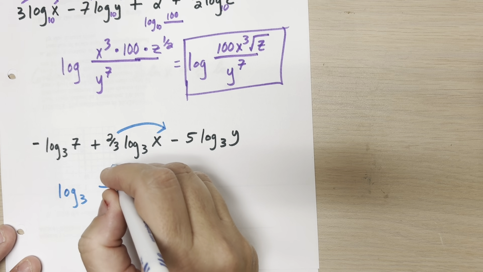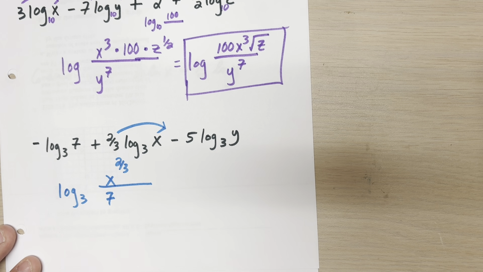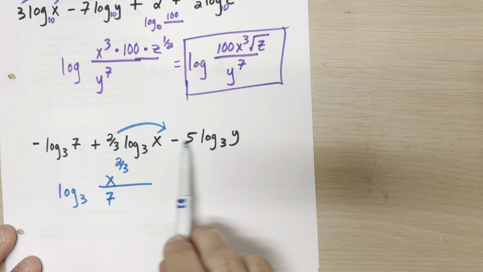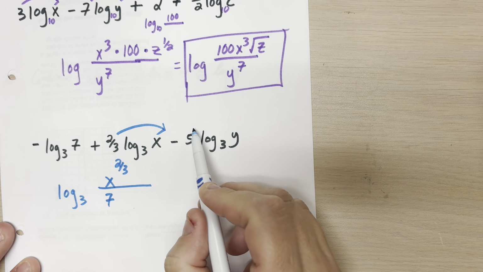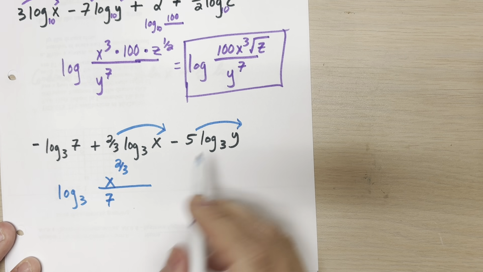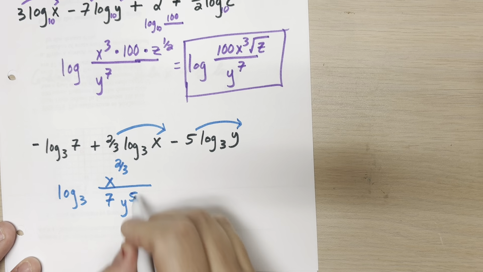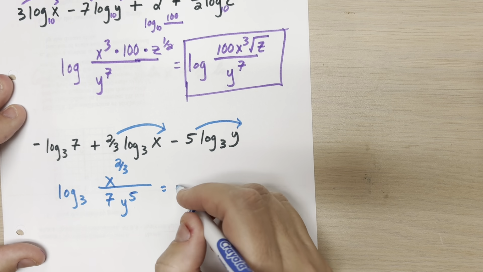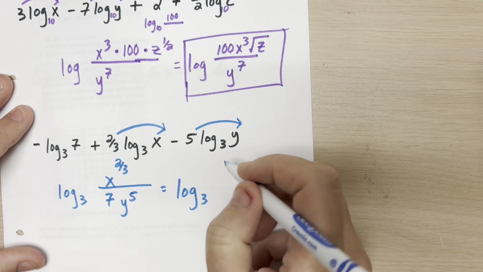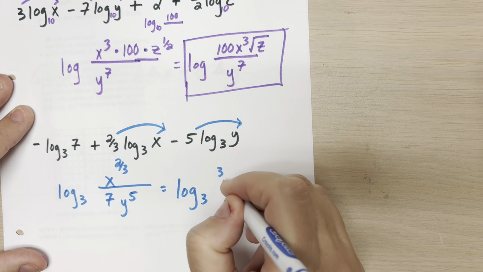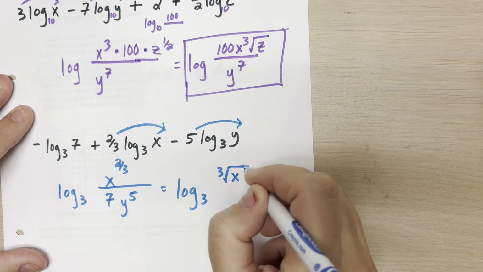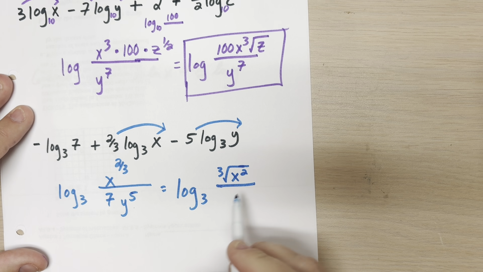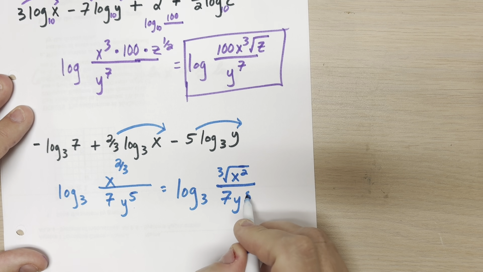Positive term means this is up on the top, x to the 2/3. Minus means this term will go down to the bottom. 5 comes up as the exponent, y to the 5th. I can't have a rational exponent, so we're going to go ahead and make this the cube root of x squared over 7y to the 5th.